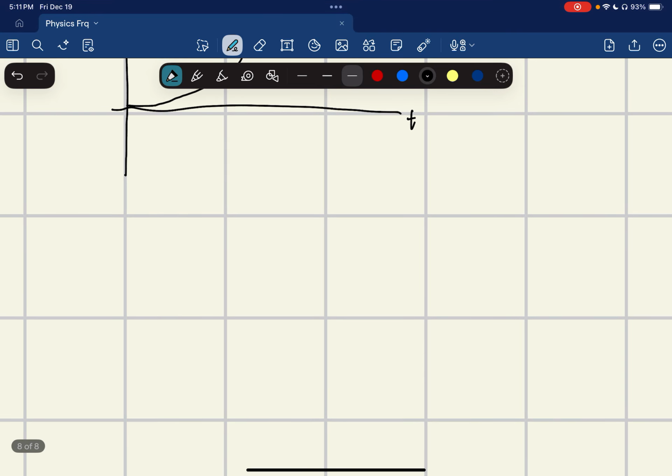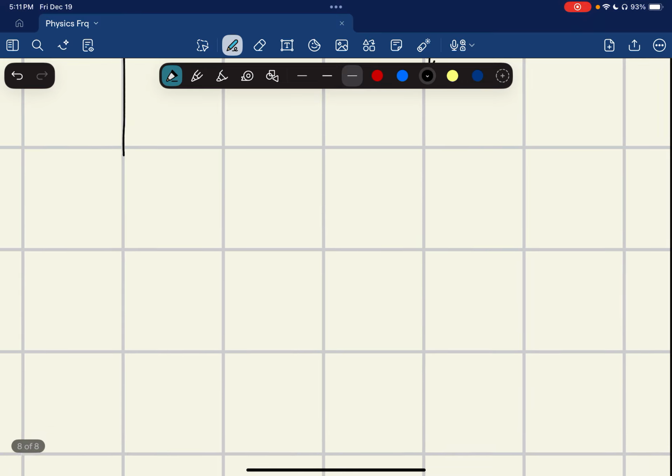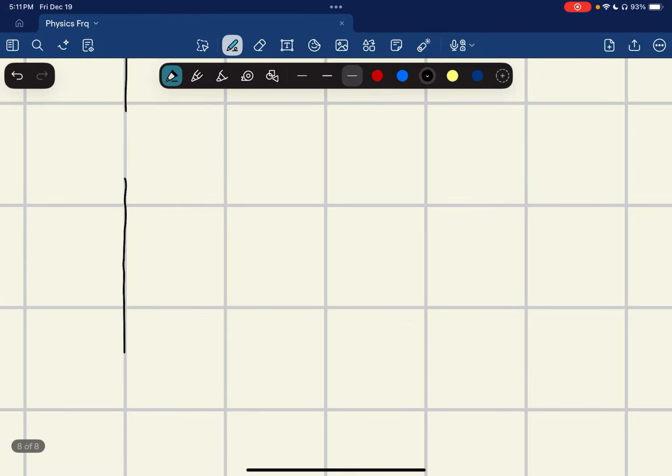All right, and then the VT graph, with V being the y-axis and T being the x-axis, it would just be a linear line like this. Same with the speed versus time graph, it'd be like that.